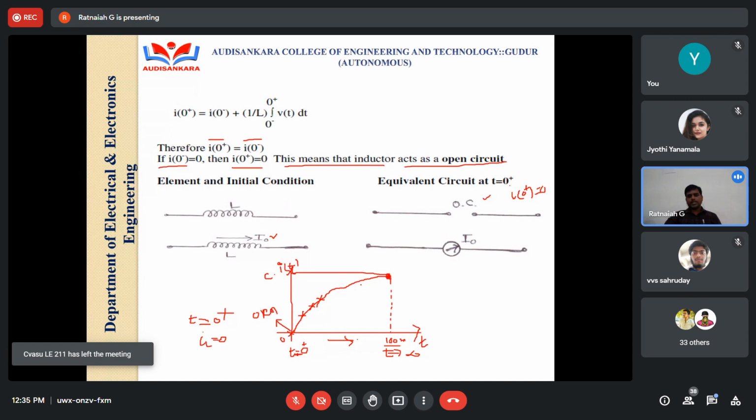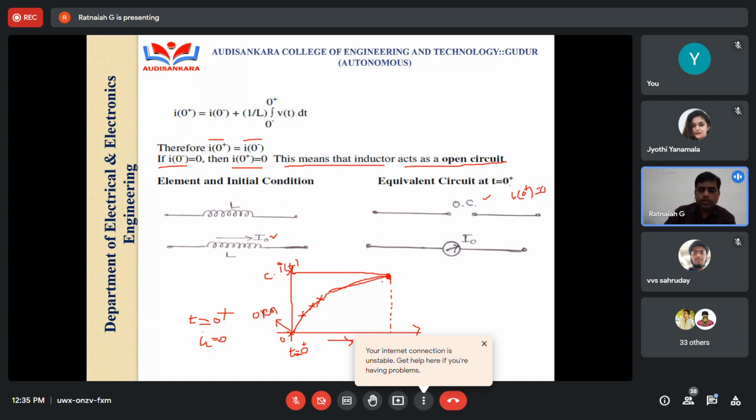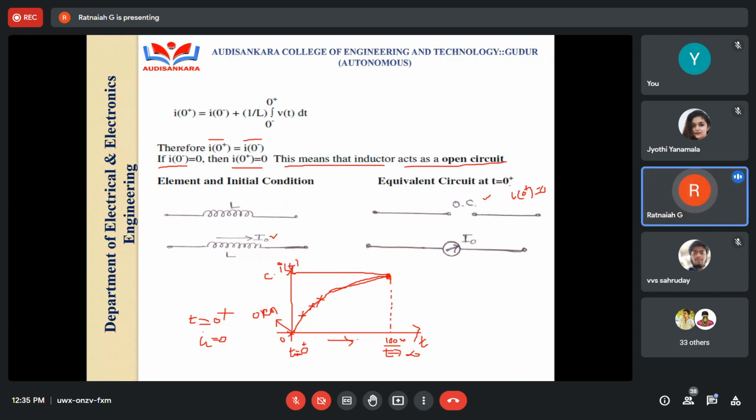While coming to a steady state, that's the final state, it stores the maximum energy. Maximum energy in the sense, what is an inductor? I'm taking it to be a short circuit. How is it a short circuit? We can discuss that. So at T is equal to infinity, it stores the maximum energy, meaning the current reached 100%. That means this graph is for di by dt.